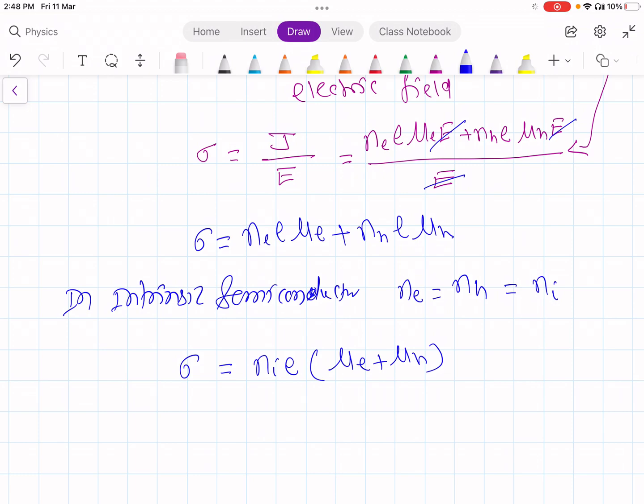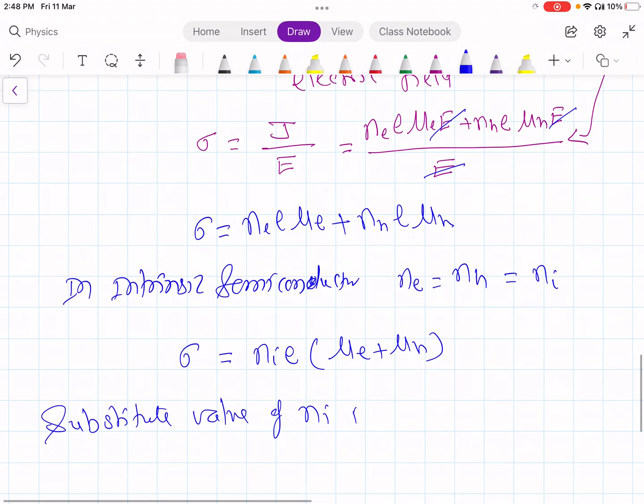So that is the conductivity. Then let us substitute the value of Ni in the above equation.